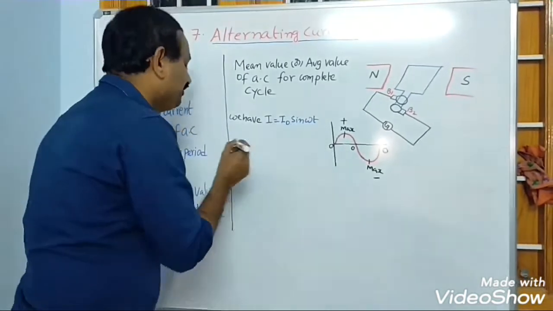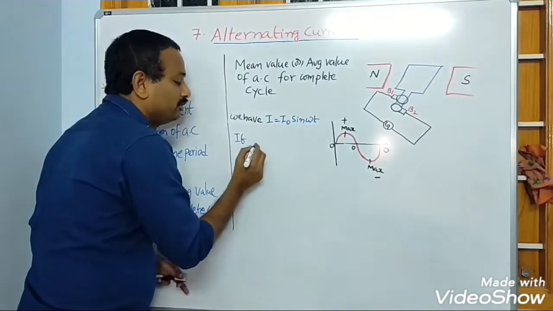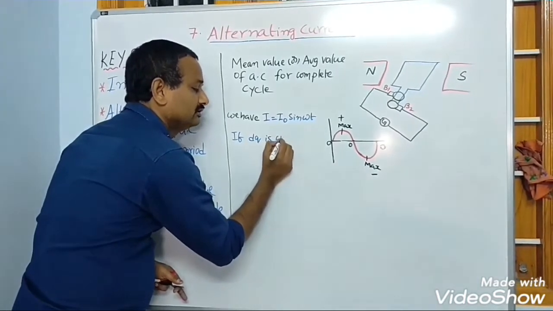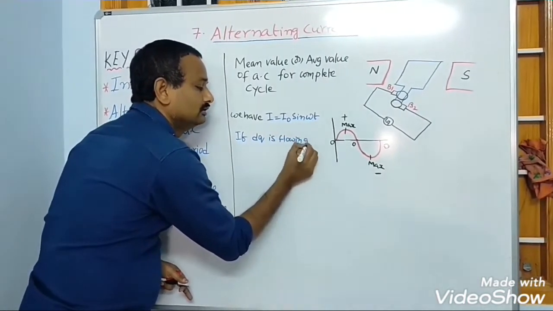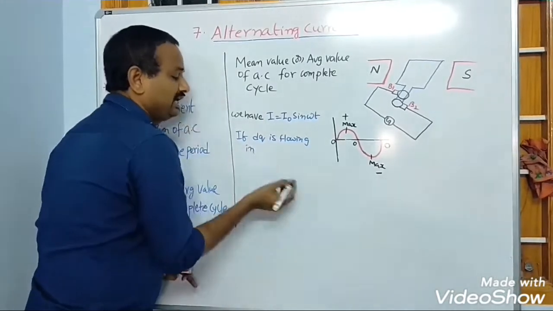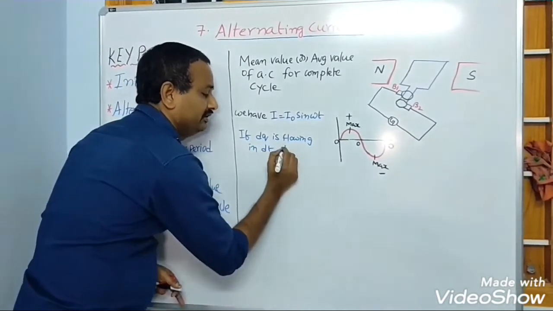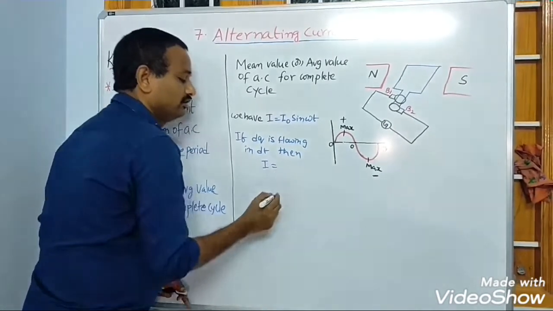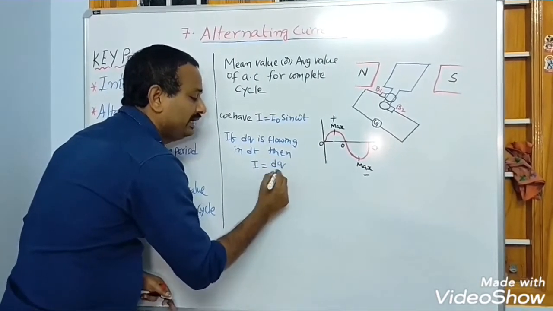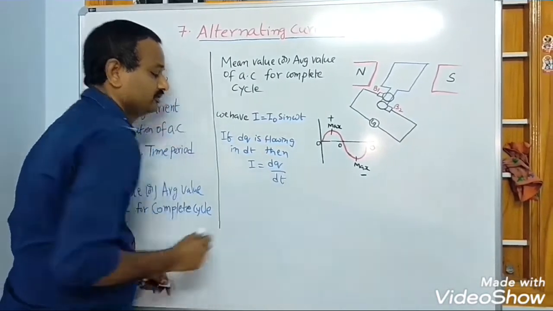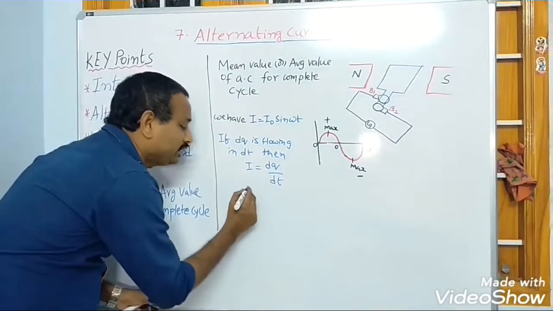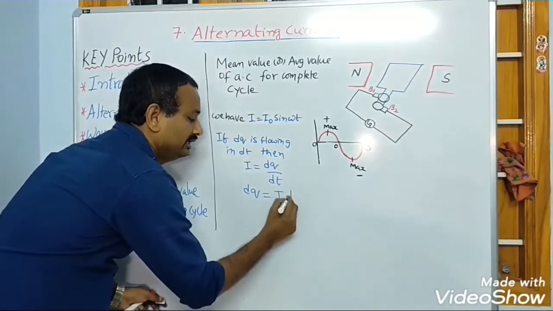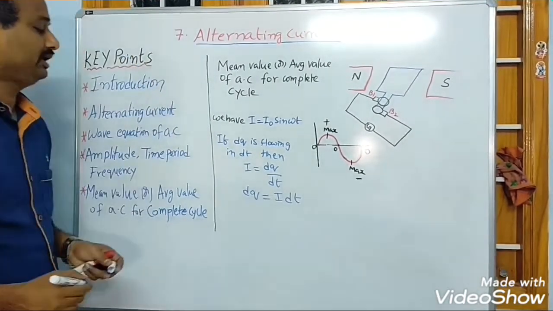If small amount of charge dq is flowing in small interval of time dt, then I equal to dq by dt. So here dq equal to I into dt.